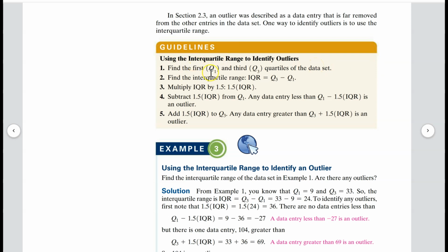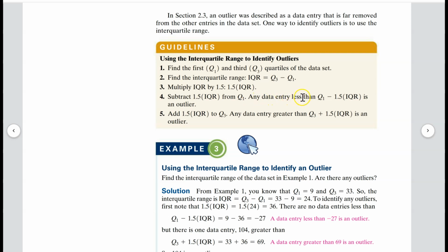Here is a way to do that. The guidelines, let's read them. We find Q1 and Q3. We find the interquartile range by taking the difference of those two things. We multiply the IQR by 1.5. Then you subtract that number you just found in step 3, 1.5 times IQR, from Q1.